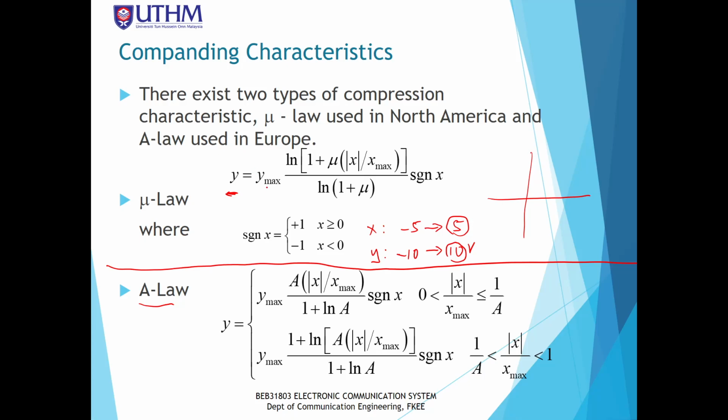Here is the maximum level of the quantizer. And x is the input, the value that we want to put inside the equation in order to find the value of y. Maximum is the maximum input level, the maximum input magnitude. Mu is the compression factor. SGN is the signum, or the polarity of x.